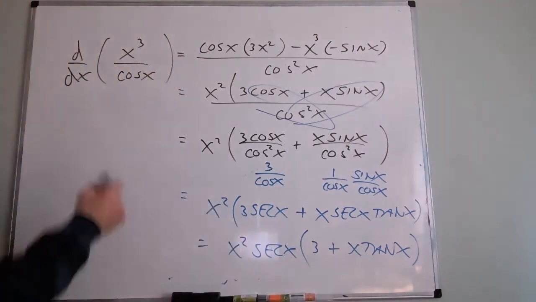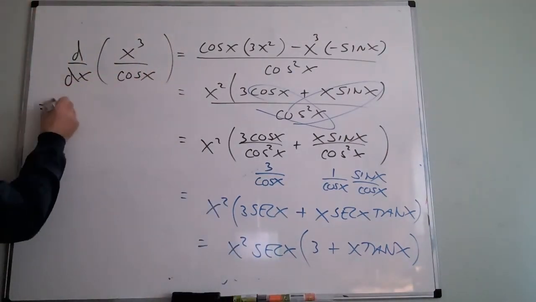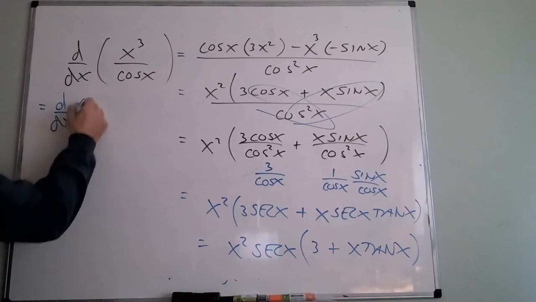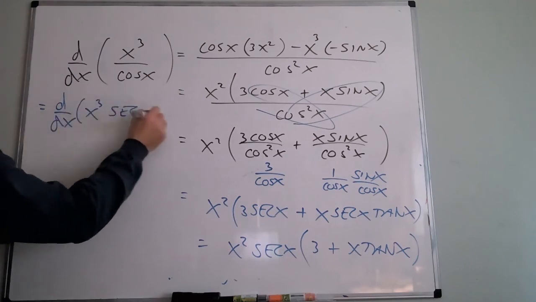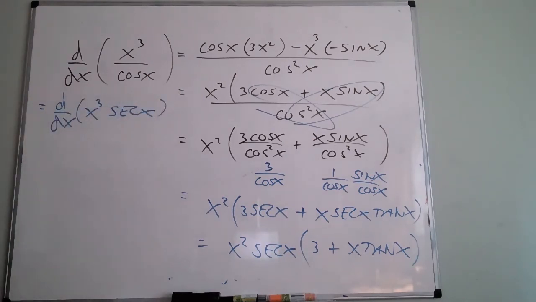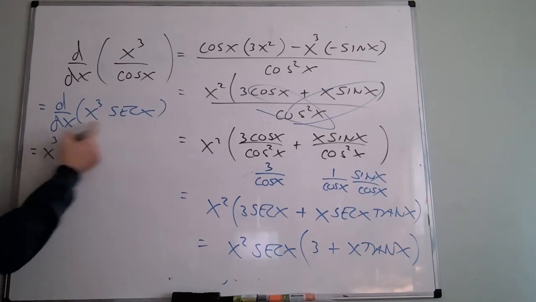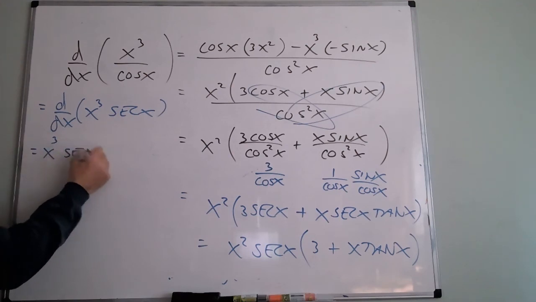So here's what I should have done in step 1. How about if I had just written it like this in step 1? Oh my goodness, and then just use the product rule? Yeah, if I had done this in step 1, then I would have the first times the derivative of the second.